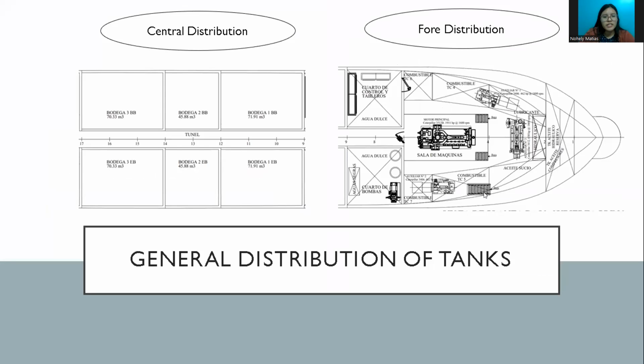As I mentioned in the last presentation, our ship has 5 diesel and 6 hot. 9 items are located in the forepart. The 6 hot are in the mid. Next slide.